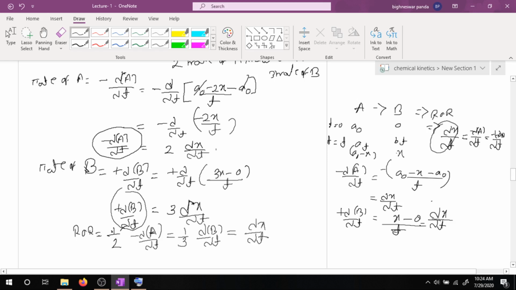From this I can get dx by dt is equal to 1 by 2 of minus dA by dt, and here dx by dt is equal to 1 by 3 of plus dB by dt. So this is the stoichiometry calculation for a rate of reaction.